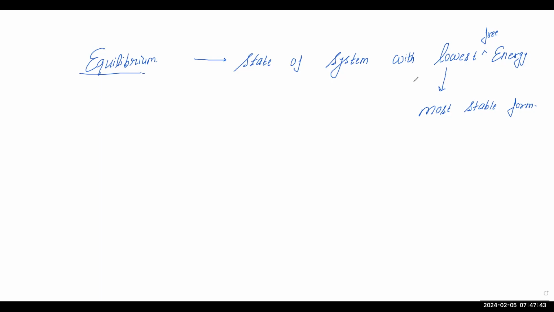If I represent this free energy as ΔG, which you are going to learn in unit 9, then any system with the lowest possible free energy is in equilibrium. Let's make it in graphical form. The system here is a reaction, reactant to product.